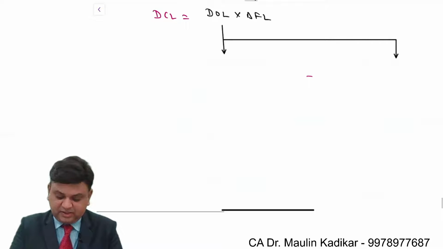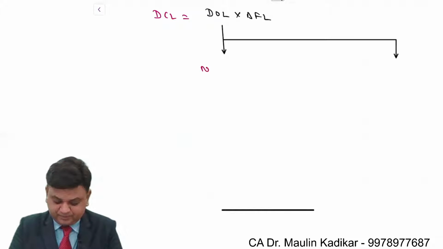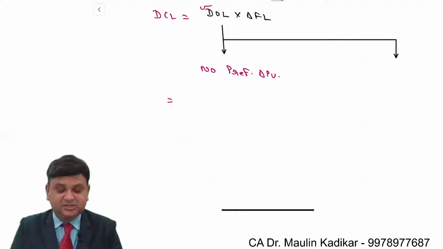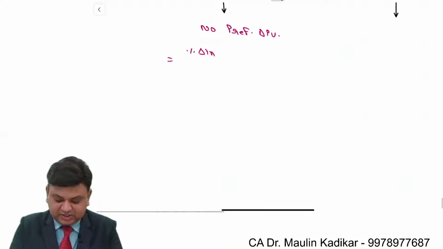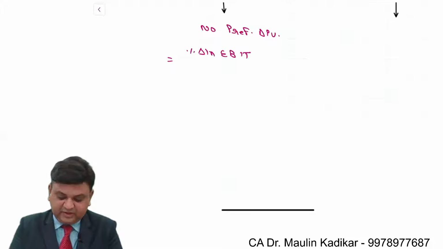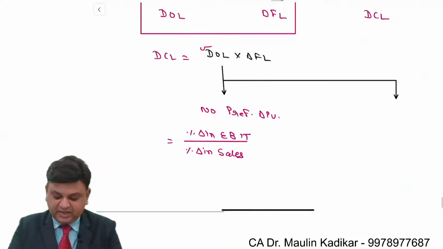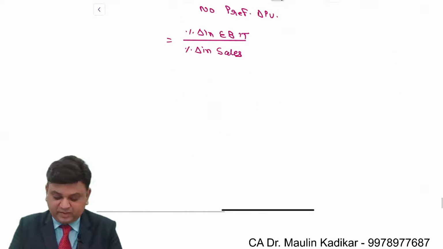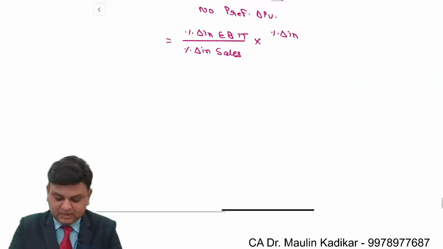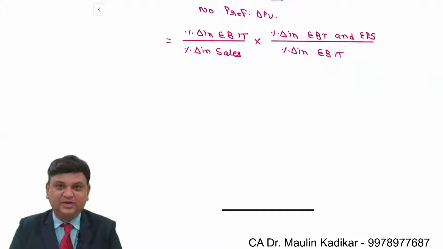If there is a situation wherein there is no preference dividend, then DOL measures the percentage change in EBIT for every 1% change in sales, and DFL measures the percentage change in EBT and EPS for every 1% change in EBIT. This is what we understand.